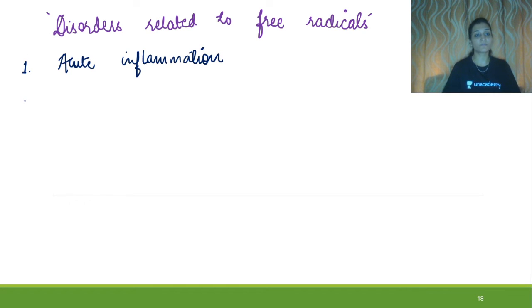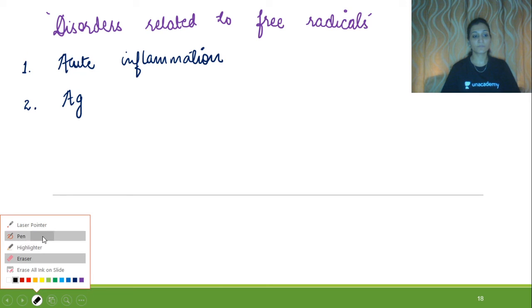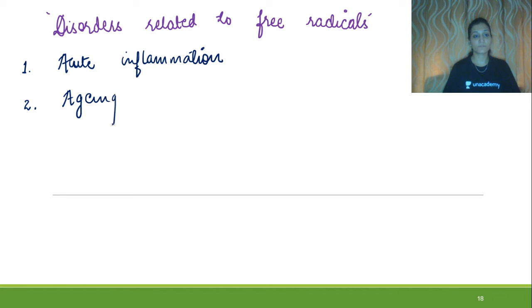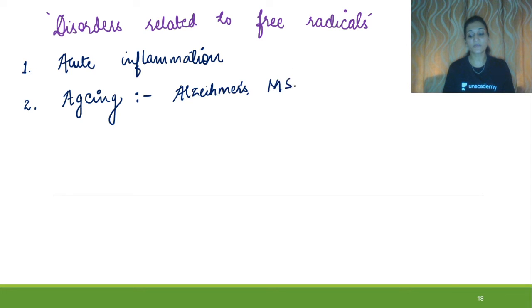The second disorder is aging. What happens in aging? There are certain related disorders, that is Alzheimer's, then multiple sclerosis, then Parkinsonism, which are related with aging and actually linked with free radicals.